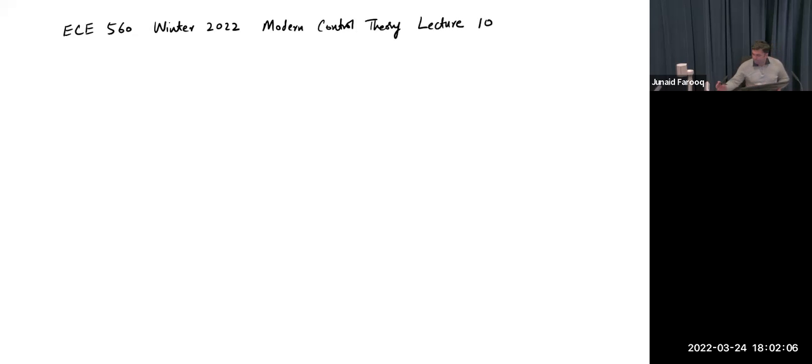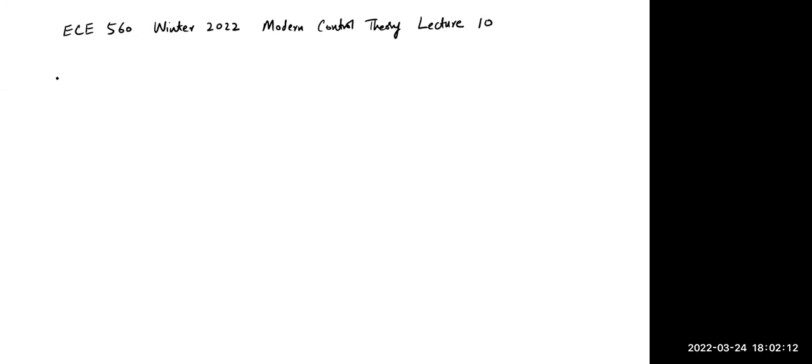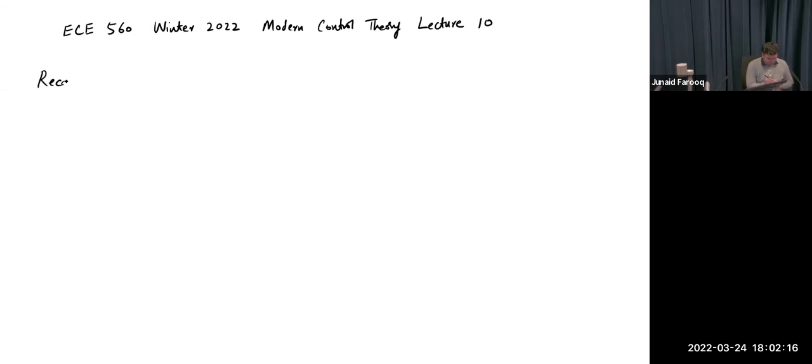And last time we started our discussions on the linear quadratic regulator, also called an LQR. So the linear quadratic problem comprises a linear system.